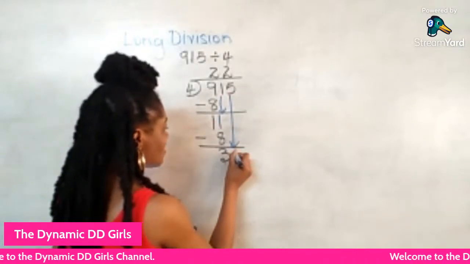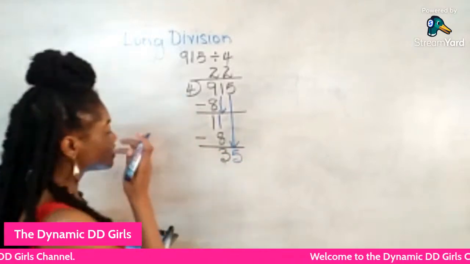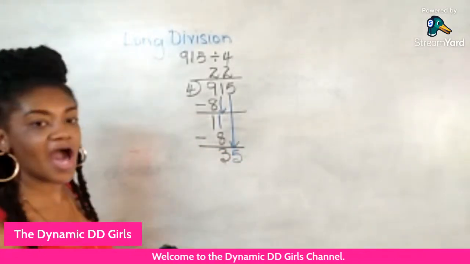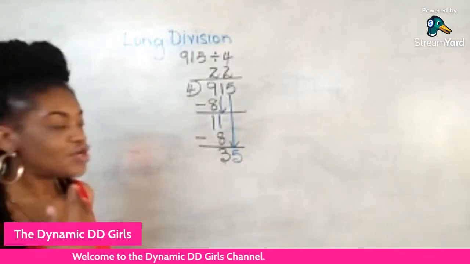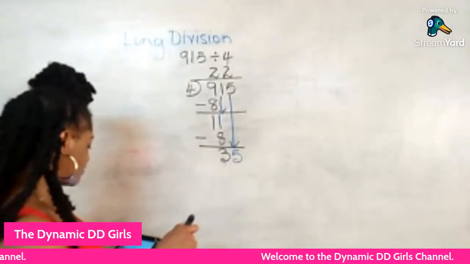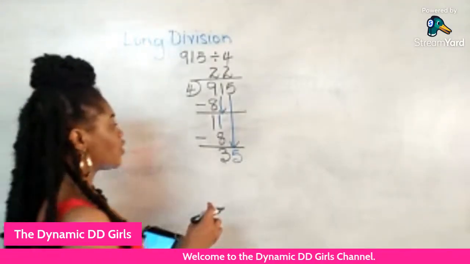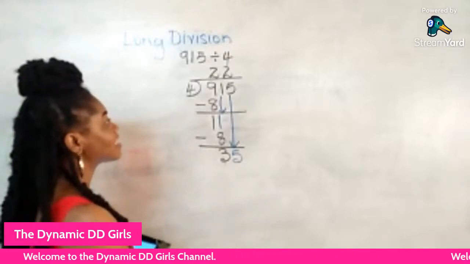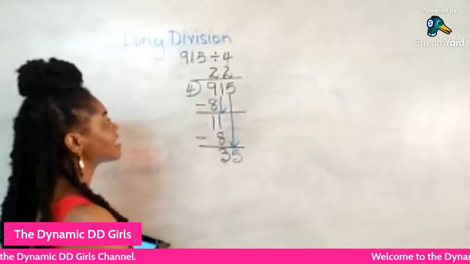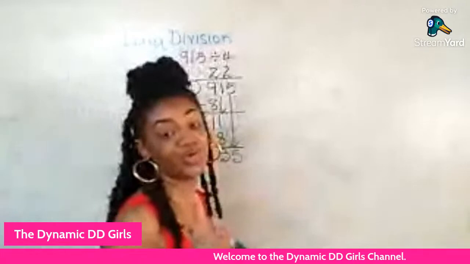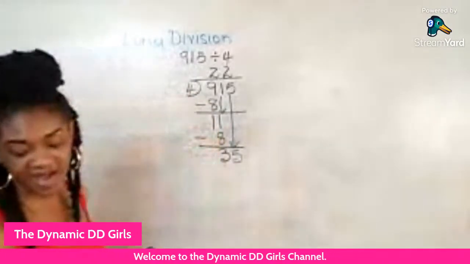We have 5, and I bring down that 5. Now we have 35. I hope you are understanding what I'm doing so far. Ask yourself, how many groups of 4s can you get from 35? Tell me now.